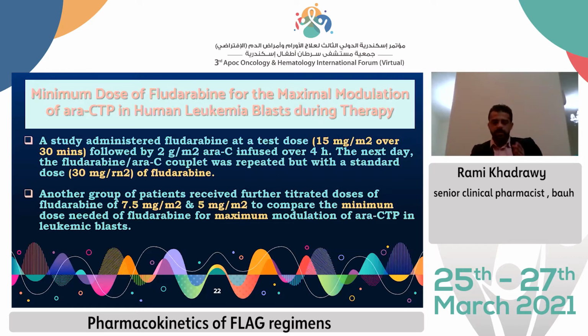The next day, the same patients received the conventional dose of fludarabine 30 milligram per meter square. To further titrate the dose, another group of patients received 7.5 milligram per meter square on day 1. Day 2 received the conventional 30 milligram per meter square. To compare, another group received 5 milligram per meter square on day 1 and the conventional dose on day 2.